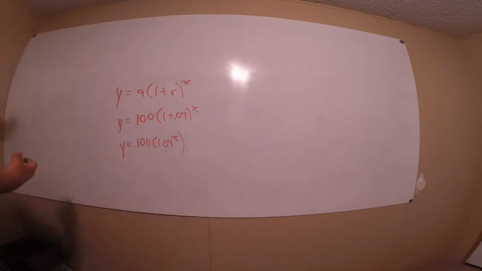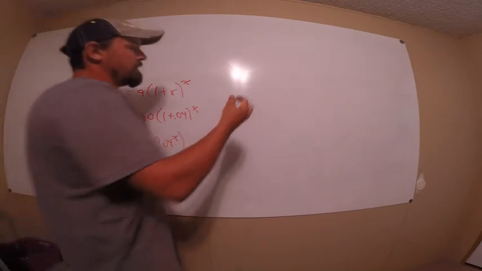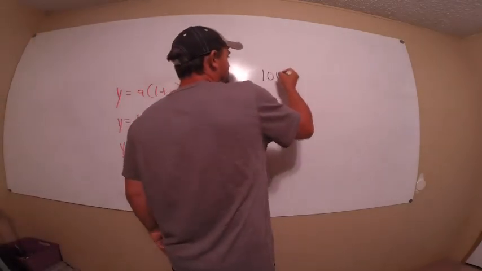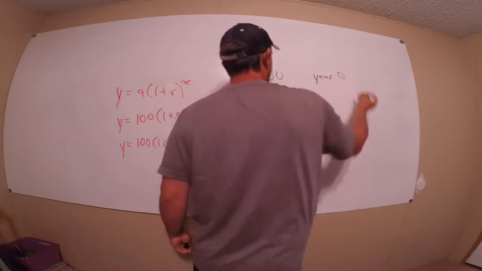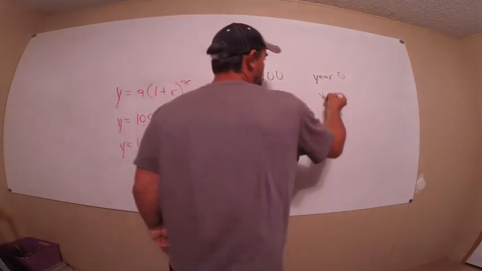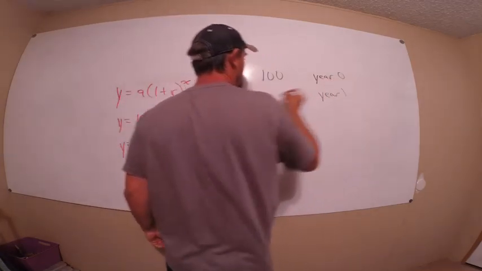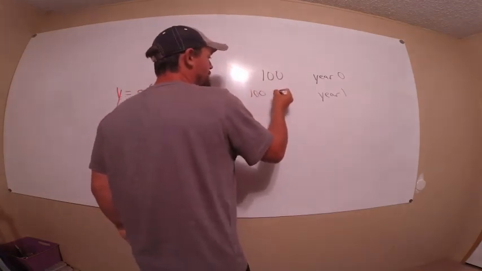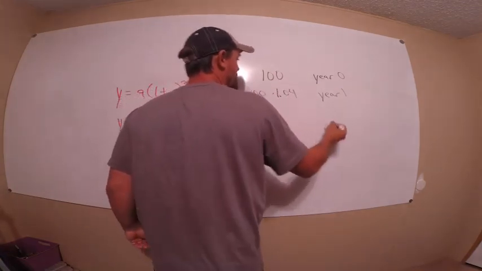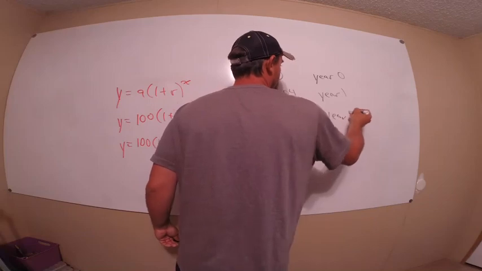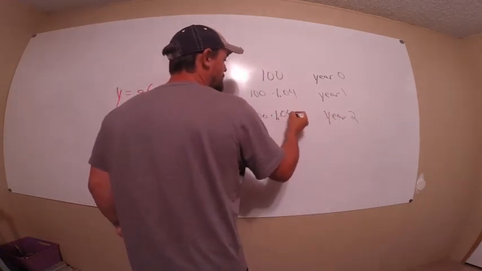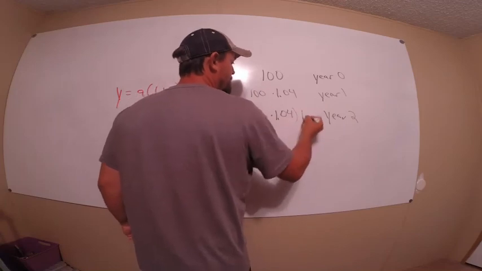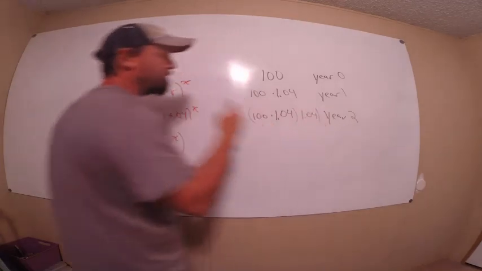Now if you want to do the other method, you could do it as well. You could use the same logic, right? So initially the item costs $100 in year 0. In year 1, the item's going to cost that $100 times 1.04. In year 2, that item's going to cost $100 times 1.04 from that first year times 1.04 from the second year.